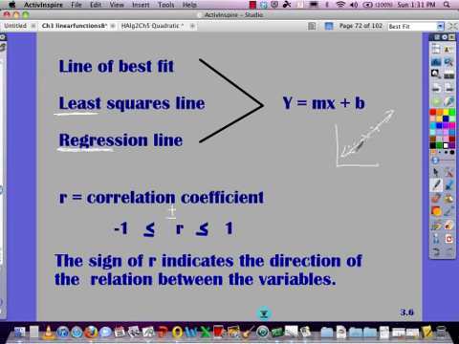Okay, this will have a positive R value. If our slope is negative, we have a negative correlation, then we will have a negative R value. So the sign on your R value corresponds to your positive and negative of your slope. You want all three names just because you're going to have different authors, different teachers, different professors along the way, and any of them could be called interchangeably.